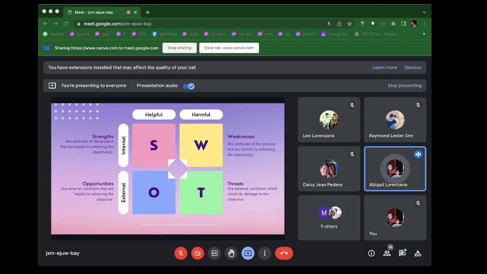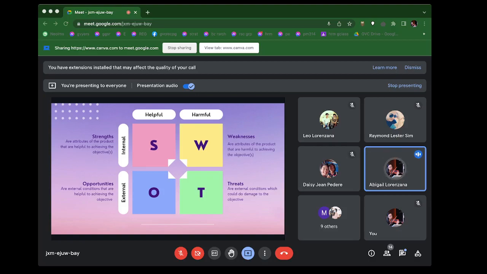So, internal and external. Strengths and opportunities are helpful, meaning those are positive things. For example, what's your company's unique selling point, di ba? Your product, your packaging, your brand, or your pricing. But what is harmful?